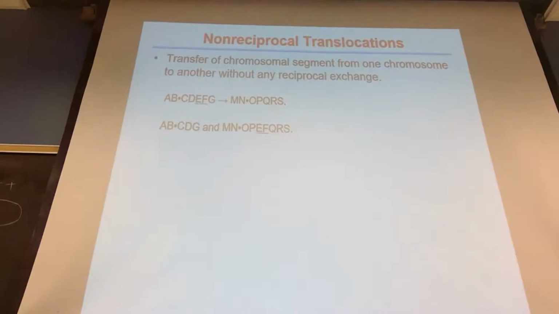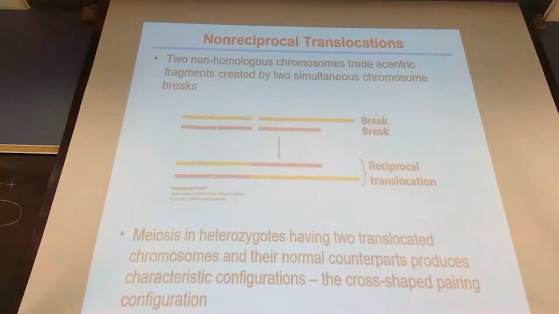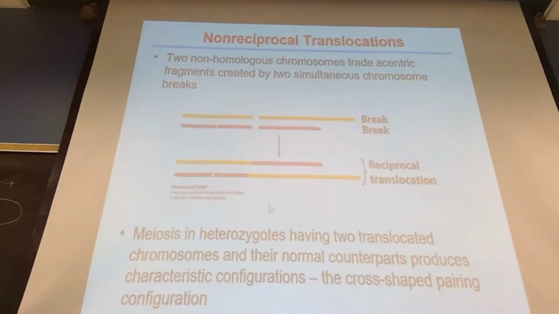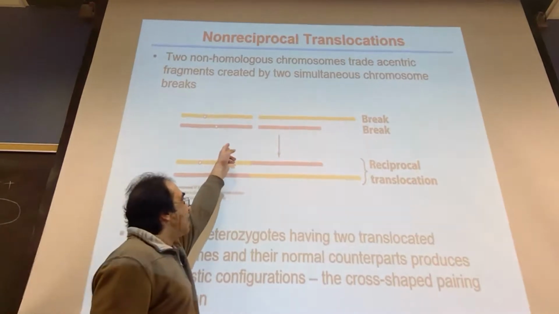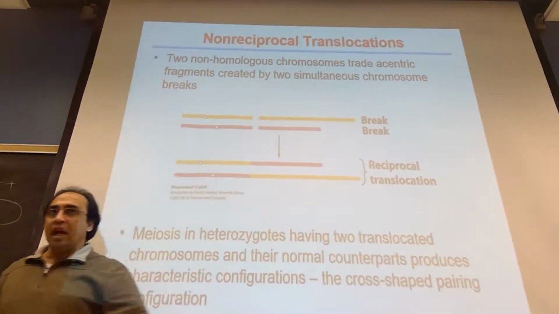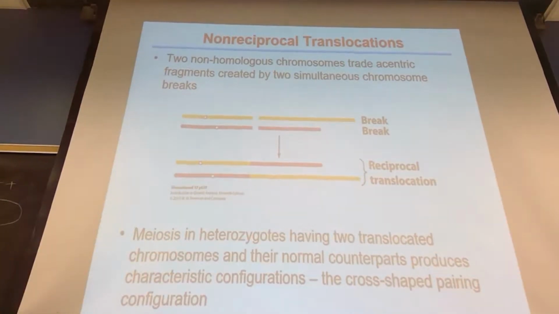Only one part is going there. So this is a simple thing, that there is some break here and the break part is going to another one. If there are two things exchange between two chromosomes, that is called reciprocal translocation.